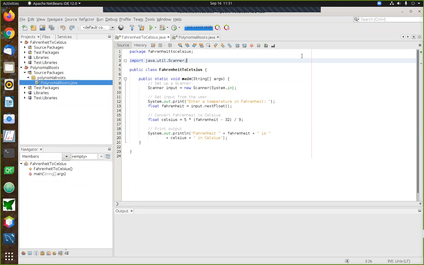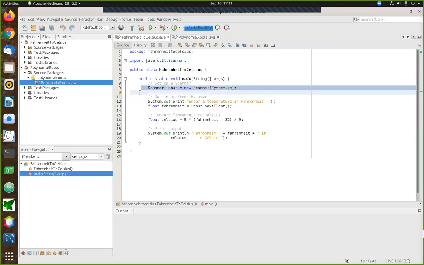Last time I showed you this first basic example of a Java program, which does all of the most common things that Java programs do. The first thing that the program does is it's set up to receive input that the user types. And to do that, we make use of a mechanism called a scanner.